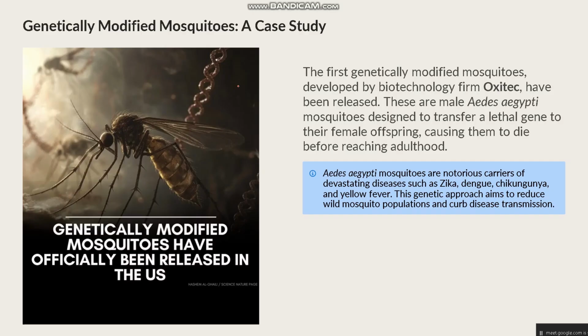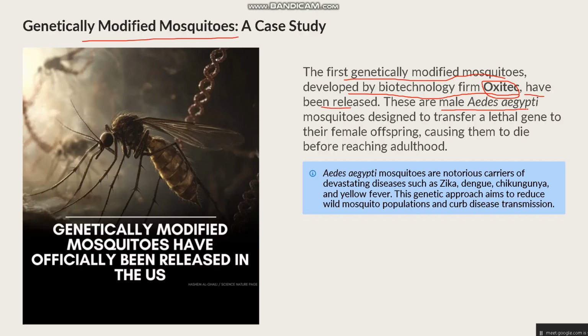This one is a case study: genetically modified mosquitoes. The first genetically modified mosquitoes were developed by the biotechnology firm Oxitec, a company that is US-based, and have been released.